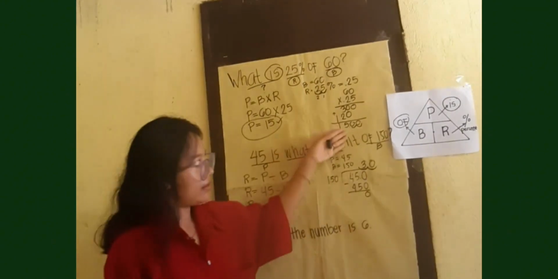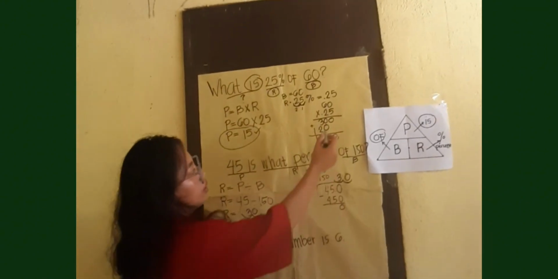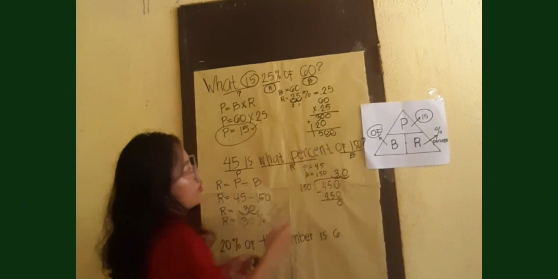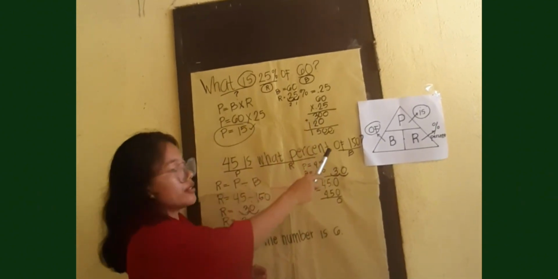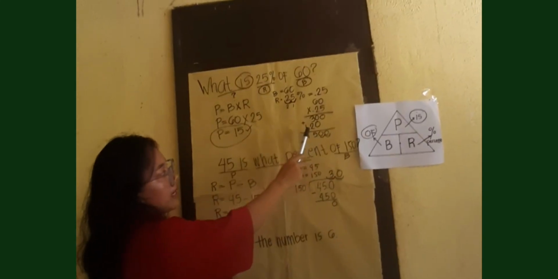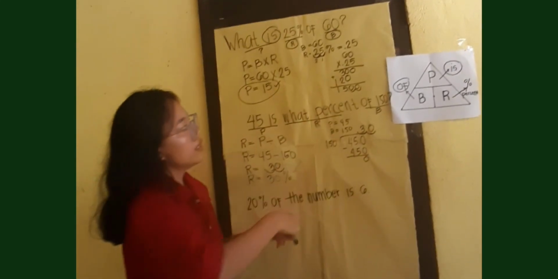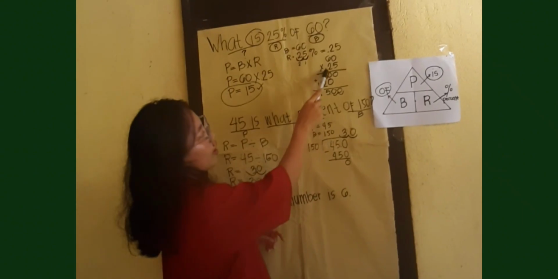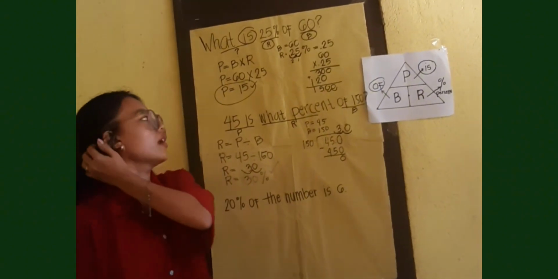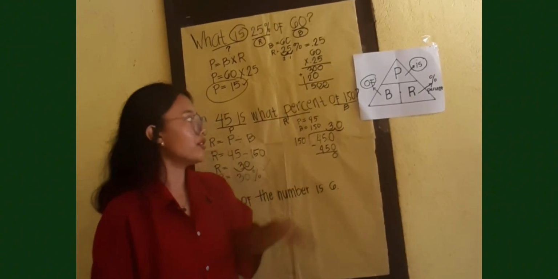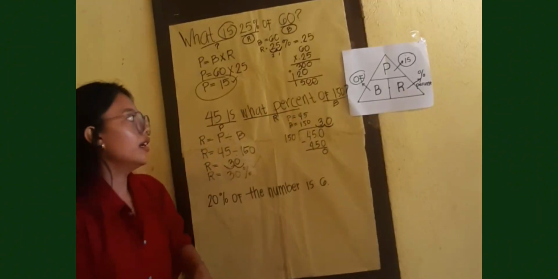Ato na siya i-add. So bring down 0. 0 plus 0 is 0. Then 3 plus 2 is equals to 5. Dayon, bring down 1. So since naman tayo duha sa naman tayo decimal point nga mag-move taga duha sa atong multiplier, so mag-move sa taga duha sa atong answer.